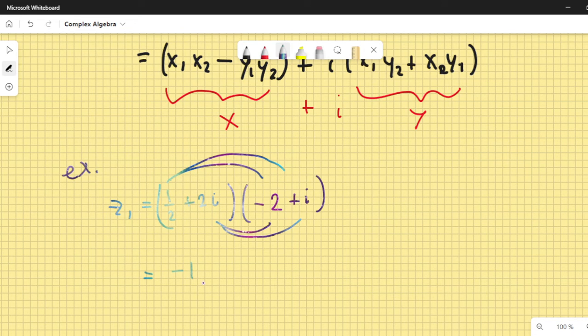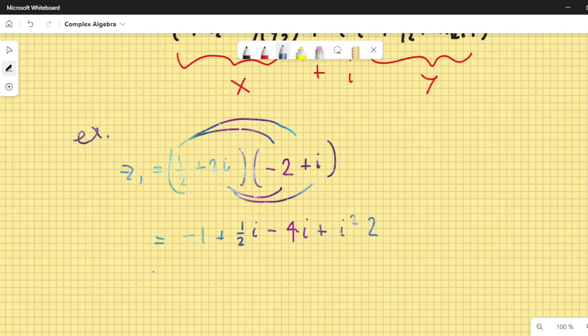1/2 multiplied by the imaginary unit is just 1/2 times i. And here 2i by -2 is -4i. 2i by i is plus 2i squared, right?